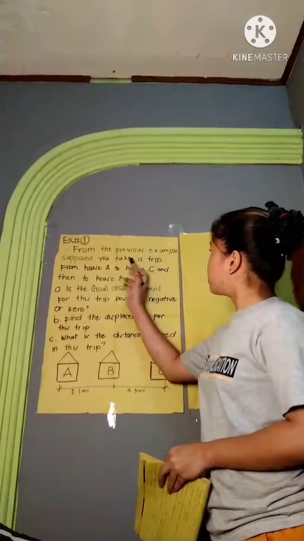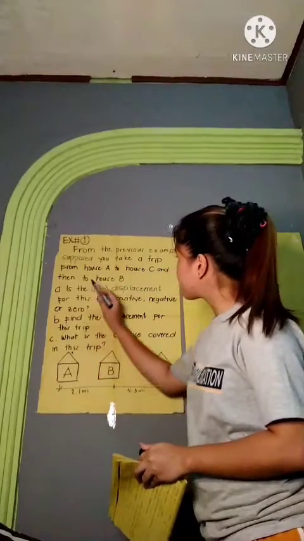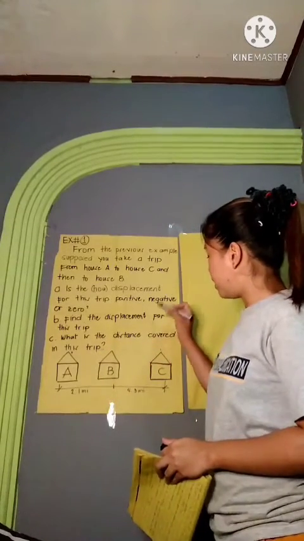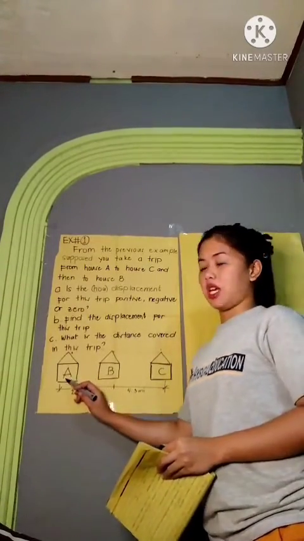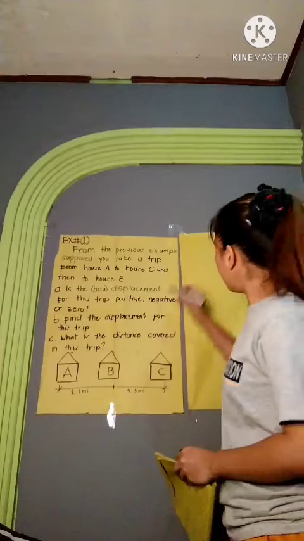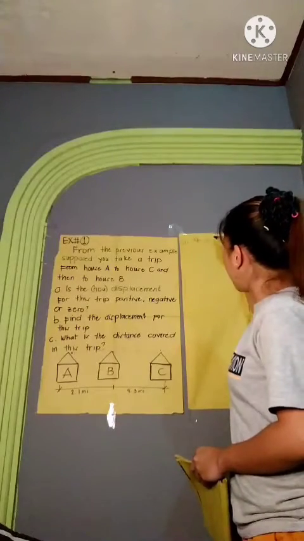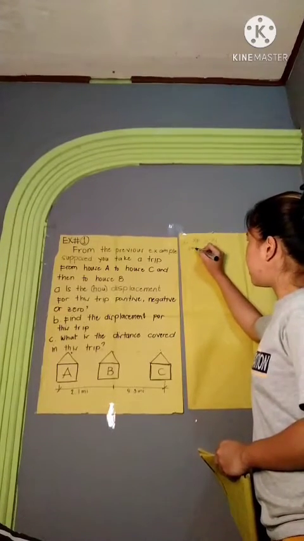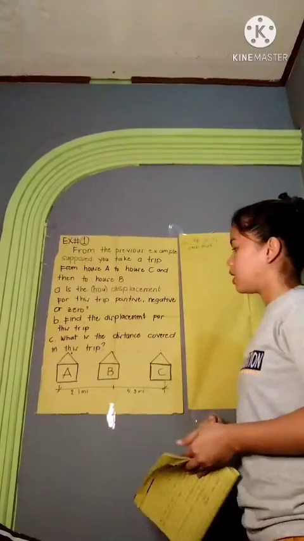Sabi dito sa example, suppose you take a trip from house A to house C, pumunta ka sa house C, and then bumalik ka sa house B. Ang initial position niya is house A, at ang final position niya is house B. Ang sagot sa A: final position is greater than initial position, kaya positive ang displacement.